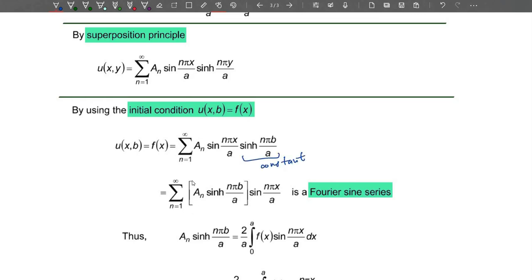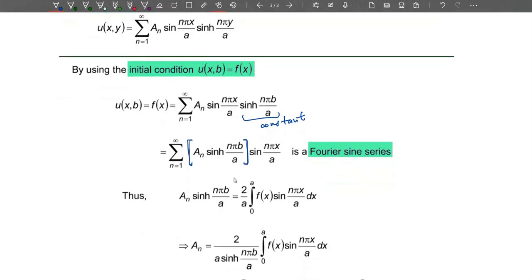We can actually factorize this part so that we know what are the constants. From here we can see that this is a Fourier sine series. That means this can be the substitution of the usual Bn that we calculated in Fourier sine series before. And this An sinh n pi b over a, we need to take as a whole because this refers to Bn.